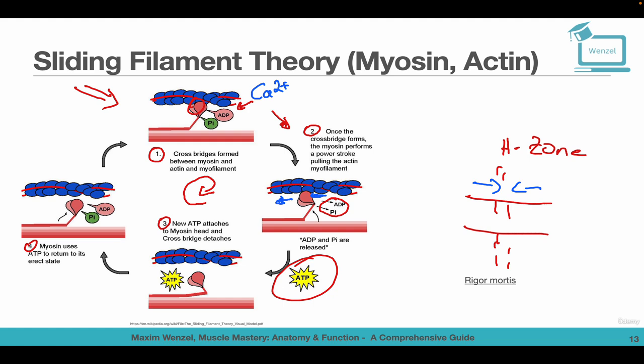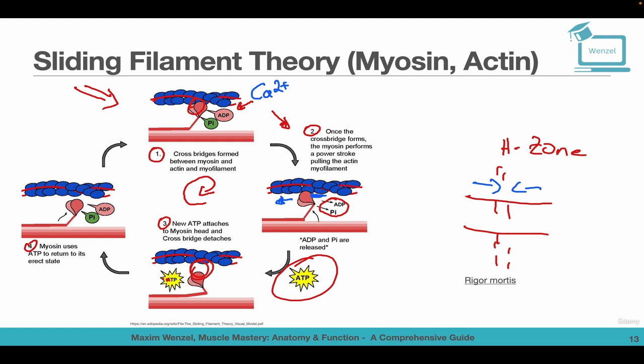The ATP binding causes the myosin head to detach from the actin, as you see here. So you have ATP, and now the myosin head will release the connection. And ATPase activity on the myosin head hydrolyzes ATP into ADP and Pi, releasing the energy.